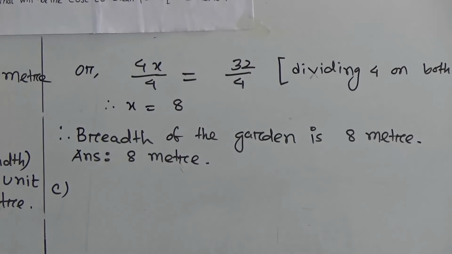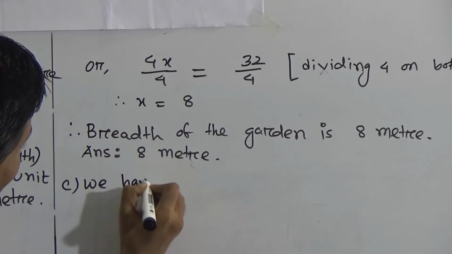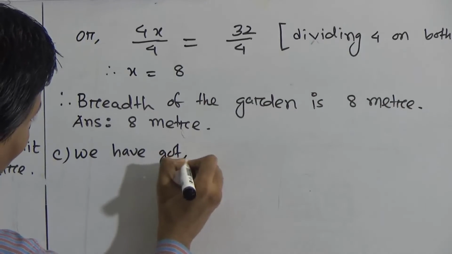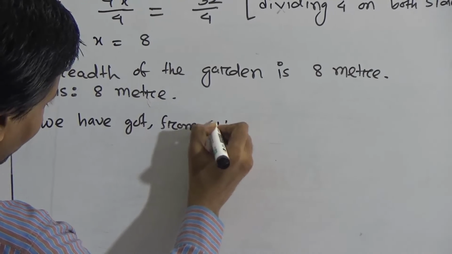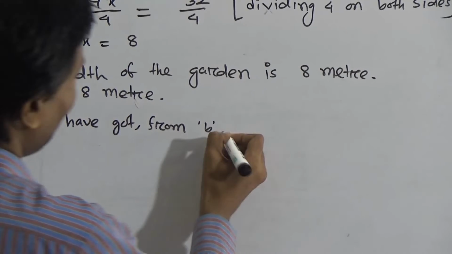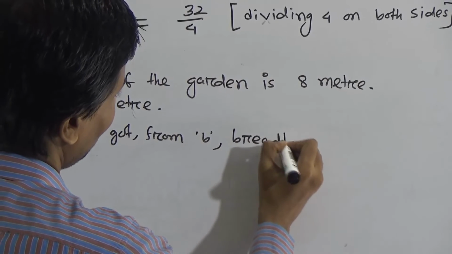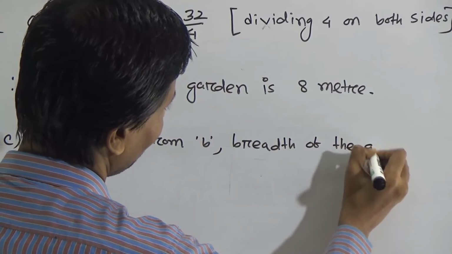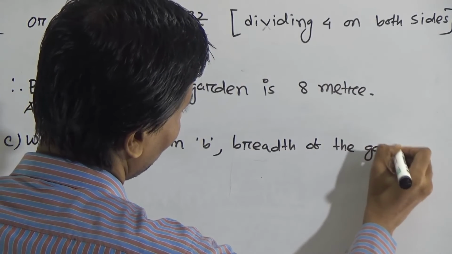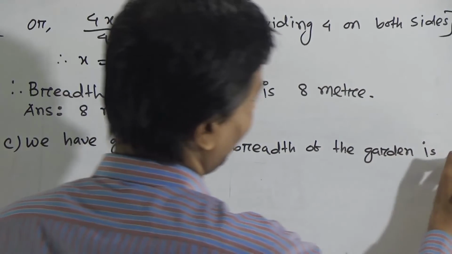Right here we have got from B, breadth of the garden is 8 meter.